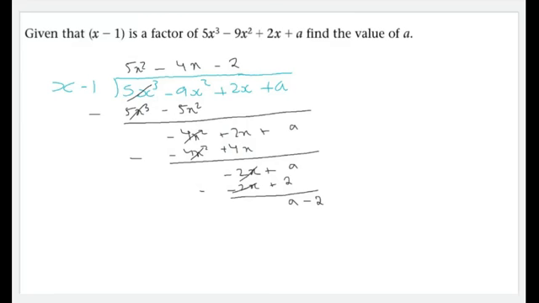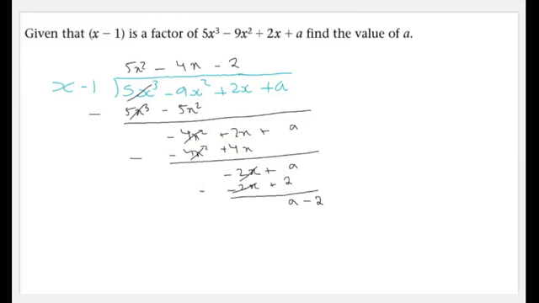Well, there's a bit more that we can say. They've told us that x minus 1 is a factor. So if we've been told it's a factor, what does that mean? That means that you can divide 5x cubed minus 9x squared plus 2x plus a by x minus 1 and you won't have any remainder.